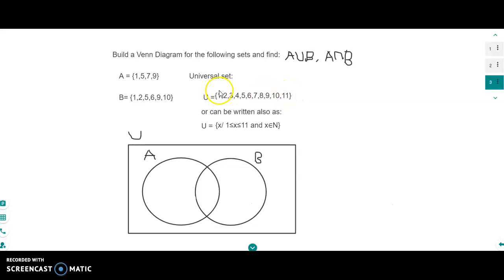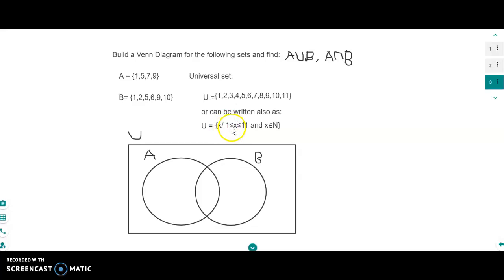This is in roster notation. This universal set is in roster notation because we have every element in the set. But we can also write the universal set like this, in set builder notation: x such that x is between 1 and 11. And it includes the elements 1 and 11 because we have the equal sign below the less than sign.